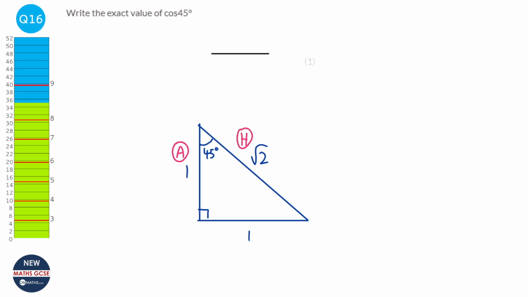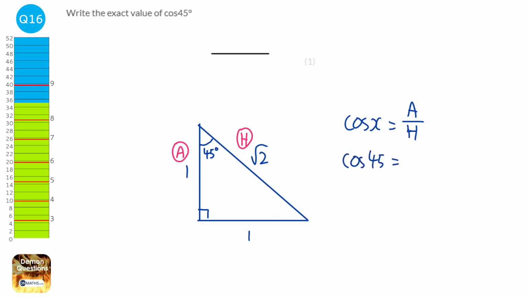Now we know from trigonometry that cos x equals adjacent over hypotenuse. The angle is going to be cos 45, and the adjacent is going to be 1 and the hypotenuse is going to be root 2. Now, this is a bit of a strange one with 1 over root 2 because we need to actually be able to rationalise the denominator.